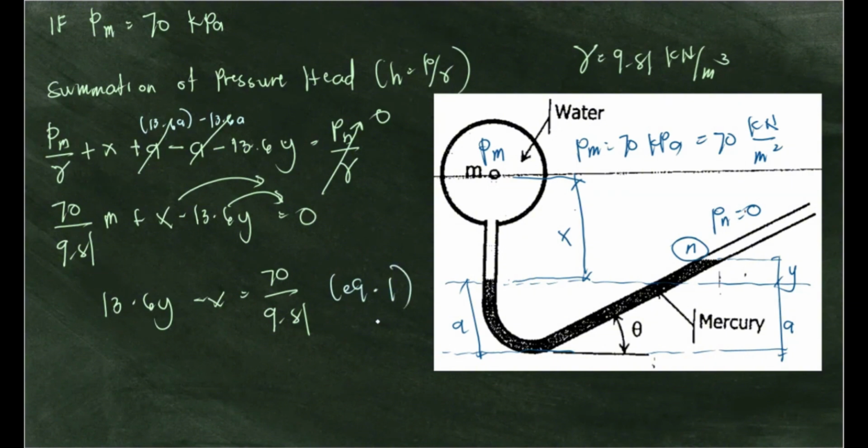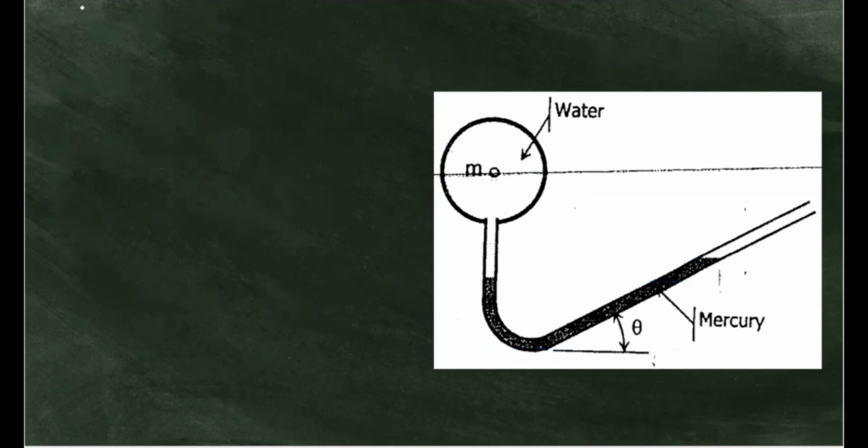So we have one equation. If we have one equation, we need two. So now let's move on, because earlier we solved for 70. If it has increased, the P sub M is 105 kilopascal.